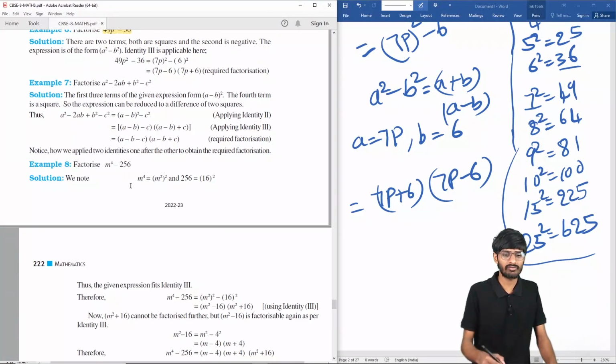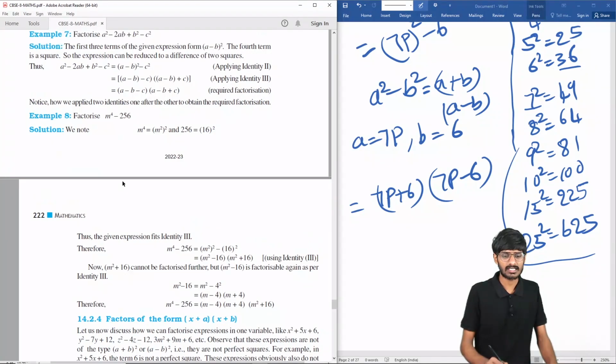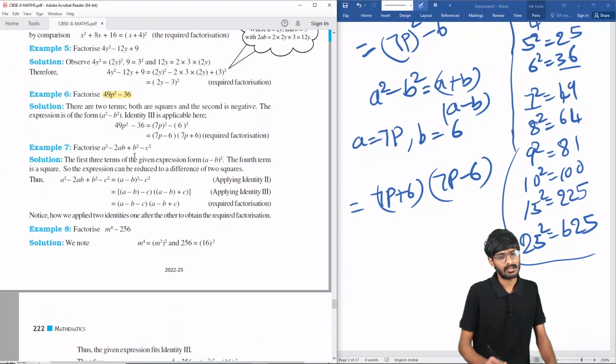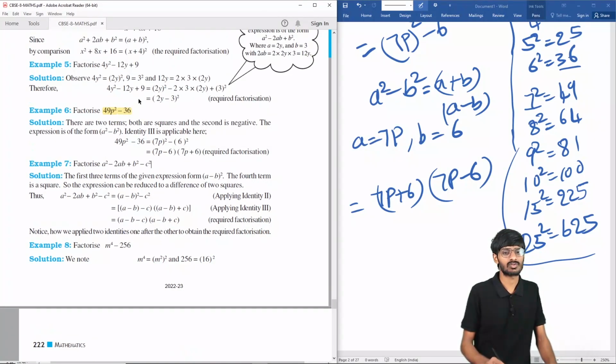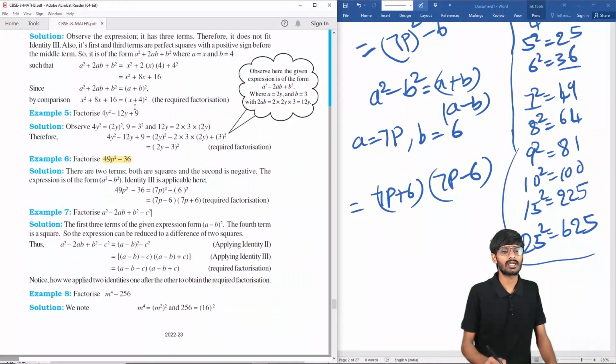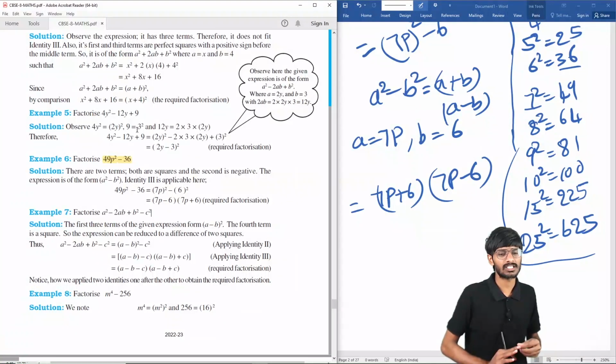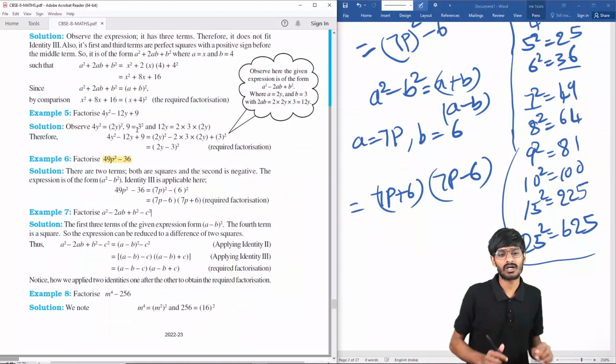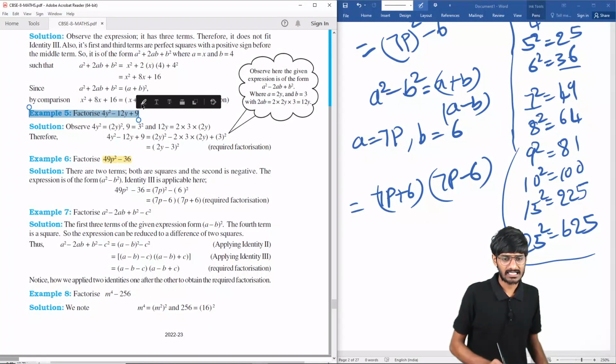And m square minus 256 is also done the same way. I will explain this so that it will be helpful. Here there is a tricky one, 4y square minus 12y plus 9. It is the same thing, students, not that tricky. Here we use the identity. I will tell you the clue for example 5.